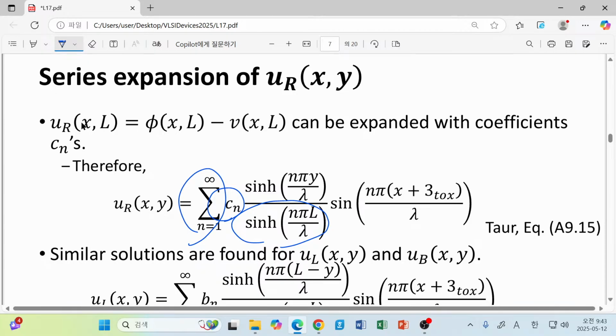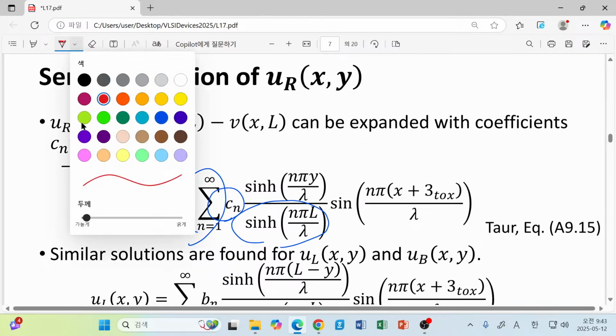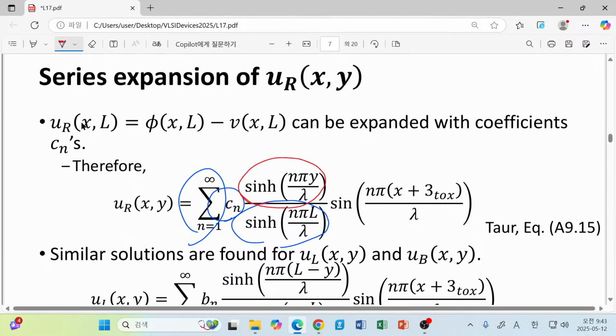One is corresponding to hyperbolic sine along y direction, and another one is a sine function along x direction. That's it. Sine function or hyperbolic sine function vanishes at a 0 argument.